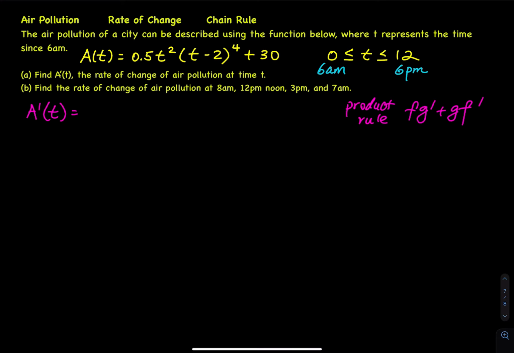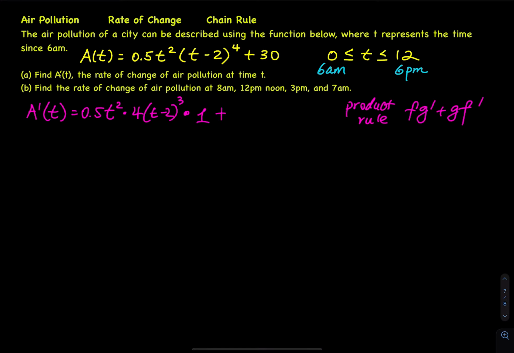So A prime of t, let's do the fg prime. The 30 we can just ignore, because the derivative of 30 equals 0. So for fg prime, we have 0.5 t squared, and then the g prime. You take the derivative of this piece: we bring the 4 down, and then (t minus 2) to the third power, and then you have to use the chain rule to multiply by the derivative of the parenthesis, t minus 2, which equals 1.